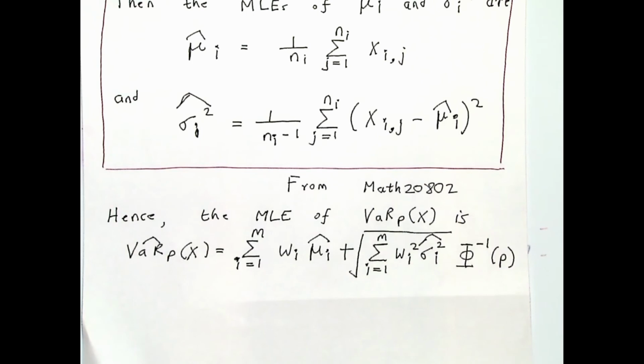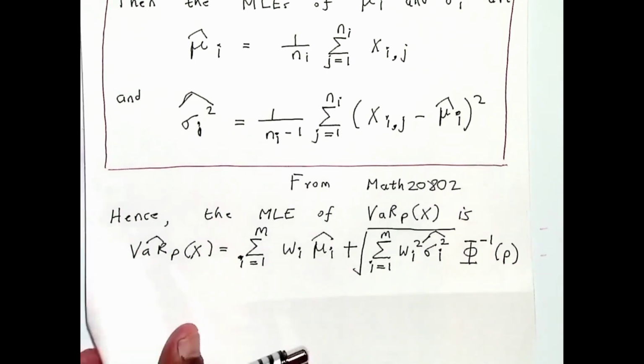Right. So this is the MLE for VaR. All right. Okay. So that's method number 5.